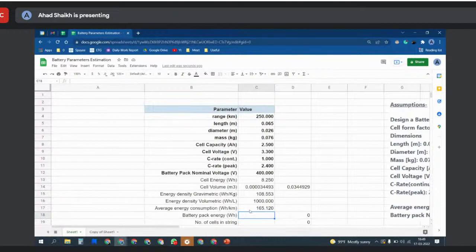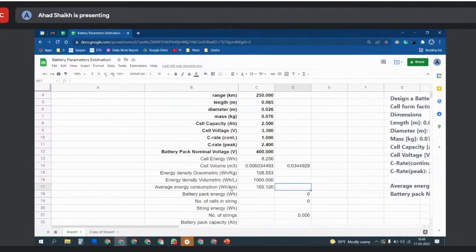It comes under the specification of the vehicle, not the battery exactly. So it varies in different conditions. If the weight of the vehicle is high, or if you are not running in a very efficient condition, this value would go high. Yes, so it's a property of the vehicle, not the battery.